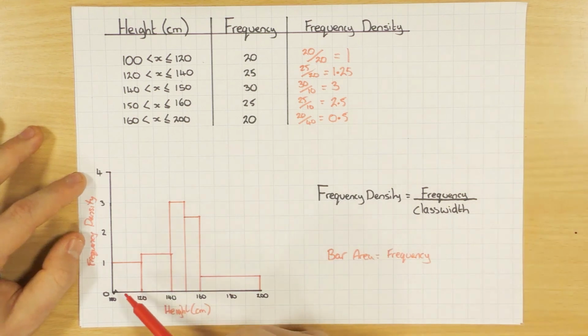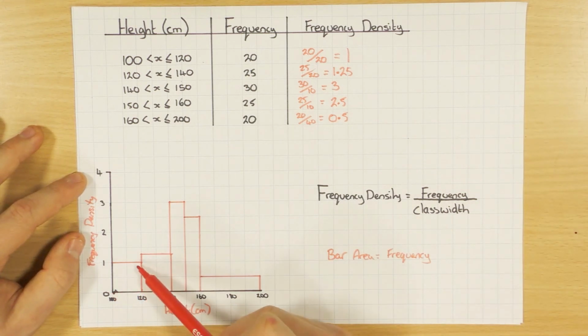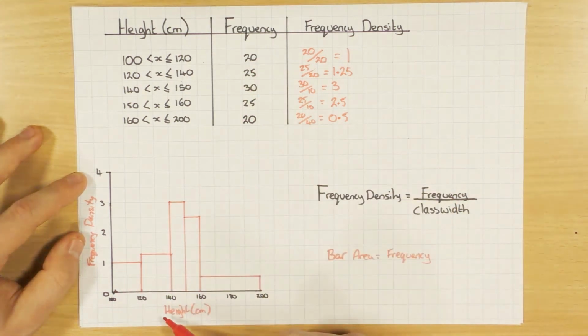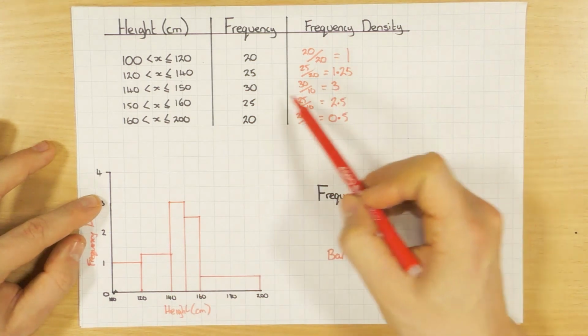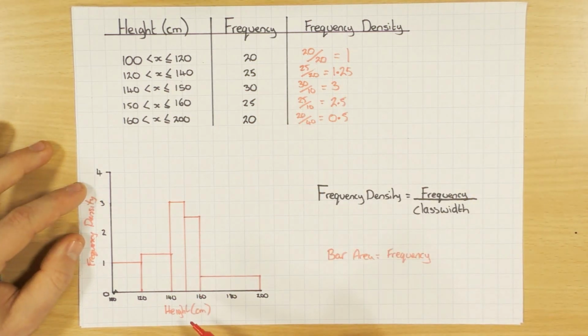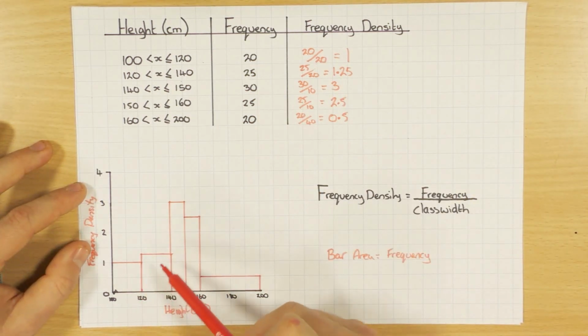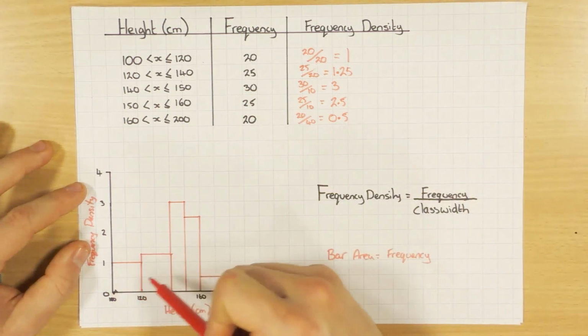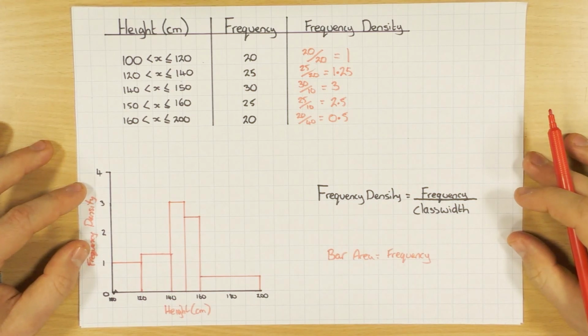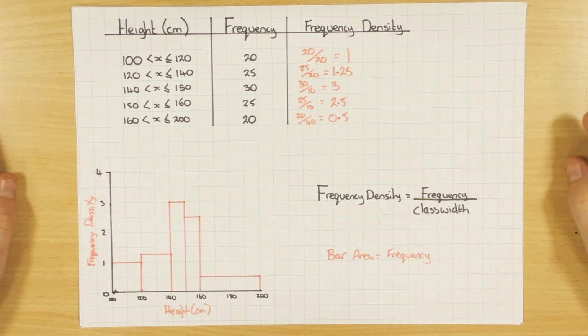So just a quick example, if I work out the area of this one, the 20 is the base, 1 is the height, 20 times 1 is 20. This one here, 10 times 3, gives me 30, which is the frequency. Okay, so that's the idea of a histogram, that if you work out the area of the bars, it actually represents the frequency, which makes it a lot easier to compare the bars.